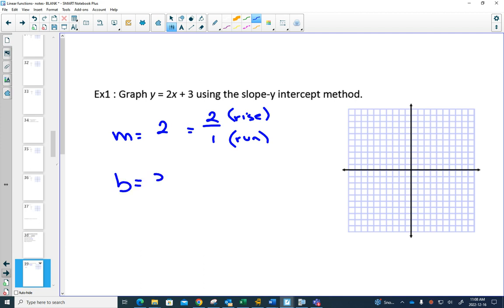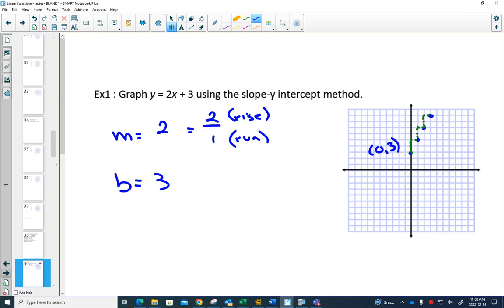And our y-intercept is 3, so the very first thing you're going to plug in is your y-intercept at (0, 3). Then a slope of 2 means you go up 2 over 1. There's another point. Up 2 over 1. Another point. Up 2 over 1. So you see how we can quickly find points.